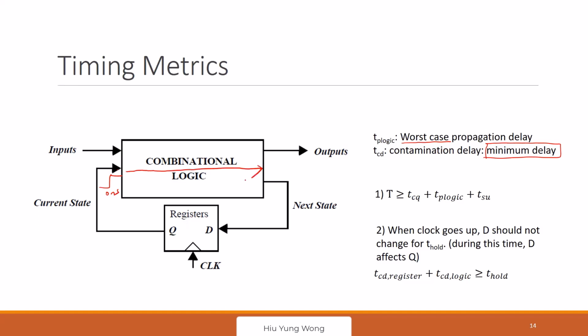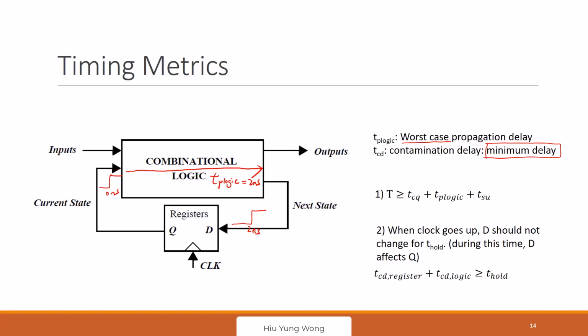That is the so-called T propagation of the logic. For example, let's say 2 nanoseconds. So after 2 nanoseconds, the output is ready, which is good. But it also means that this is 2 nanoseconds, and this one is ready.